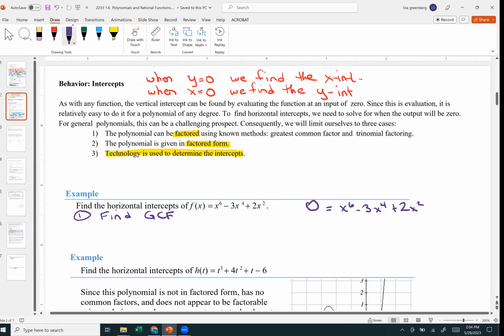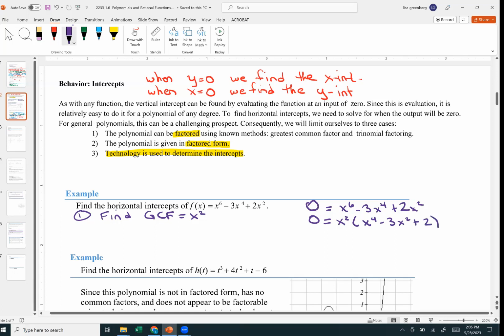So if I look at all of these, there's no numbers that are in common, but they each have x squared as their greatest common factor. So first step is I can say this equals x squared times x to the fourth minus 3x squared plus 2.